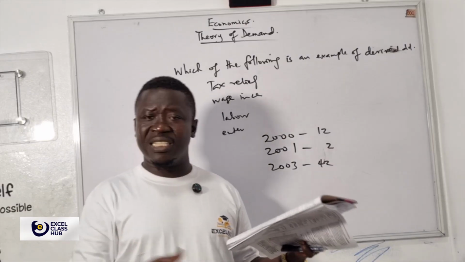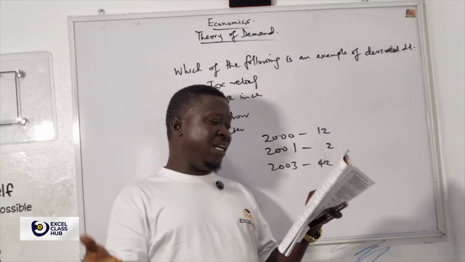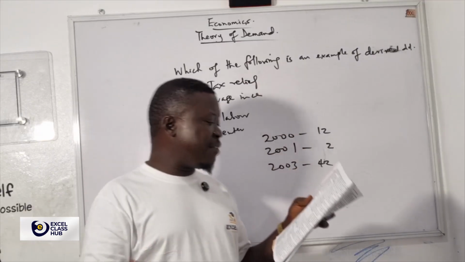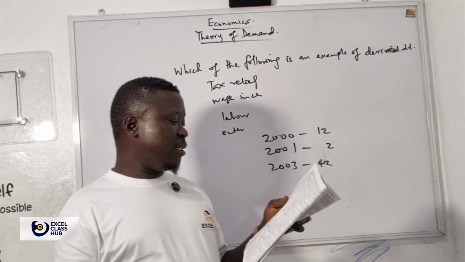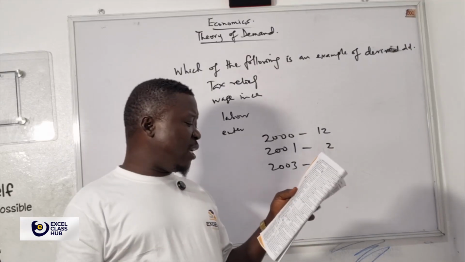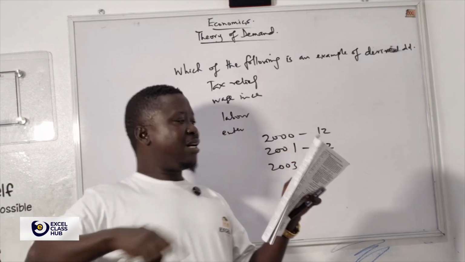That is just an example of derived demand in that question. The options here are joint demand, competitive demand, derived demand, and composite demand. So the answer is derived demand.